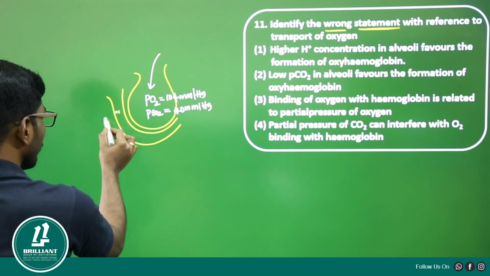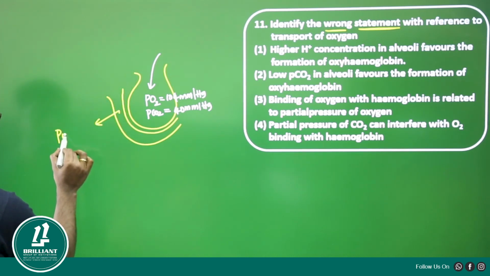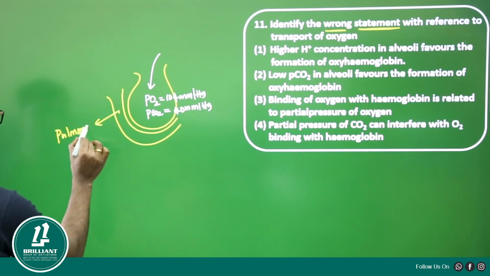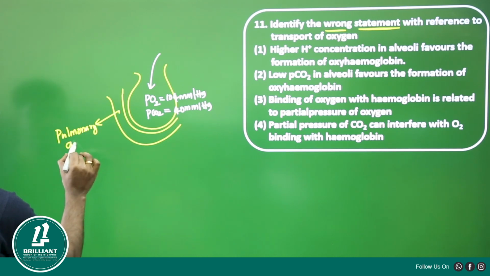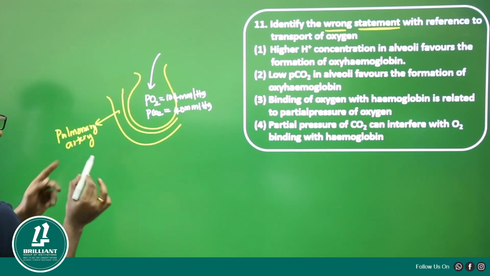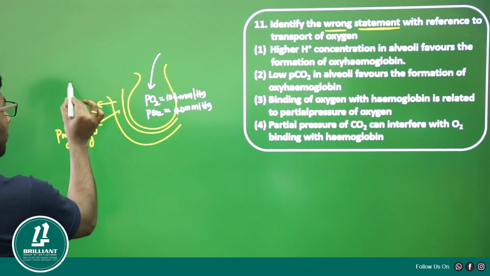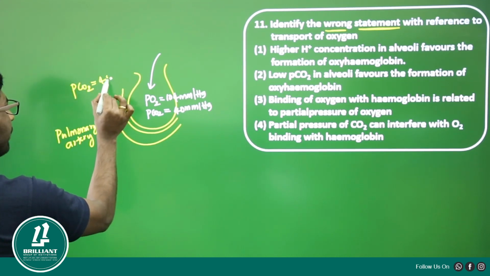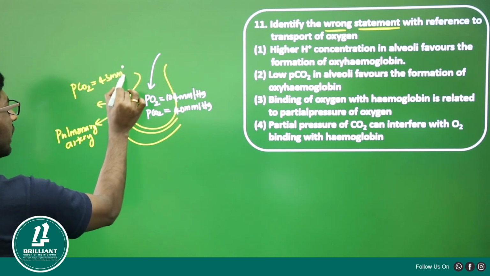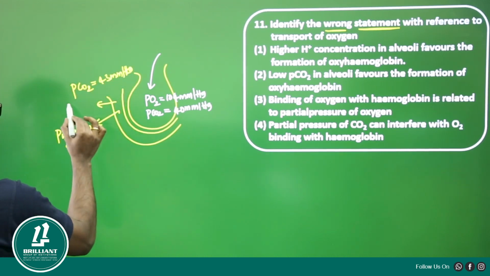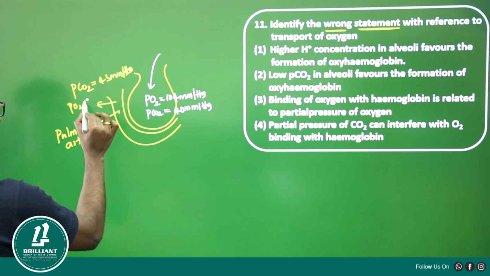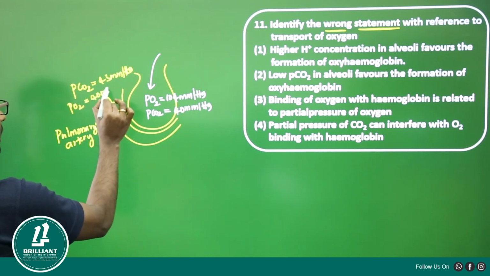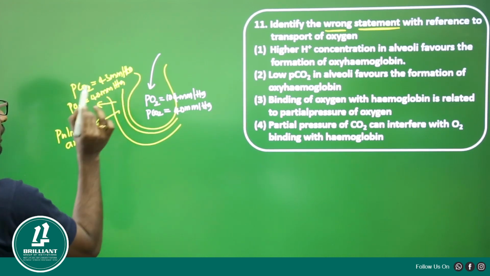So in this one, what is this? This is pulmonary artery. In this blood, PCO2 is 45 mmHg. Yes or no? Next, PO2 is 40 mmHg.